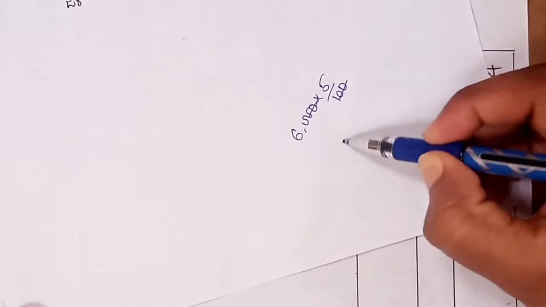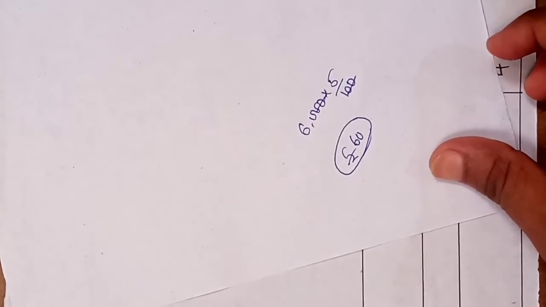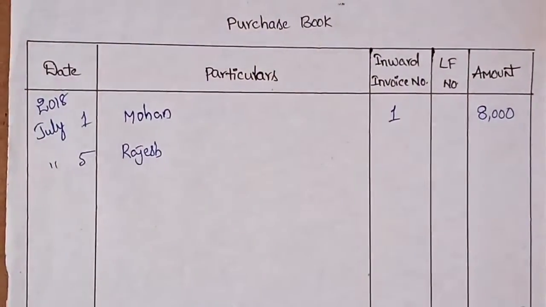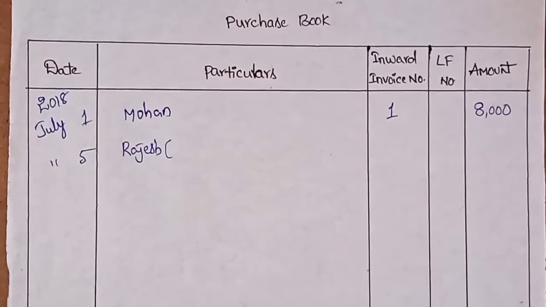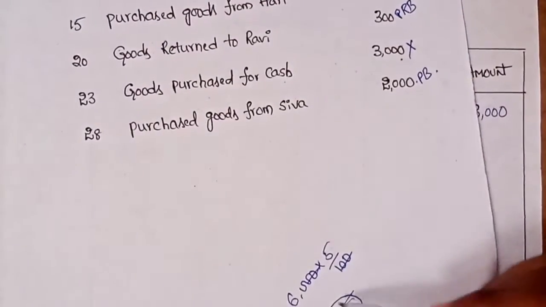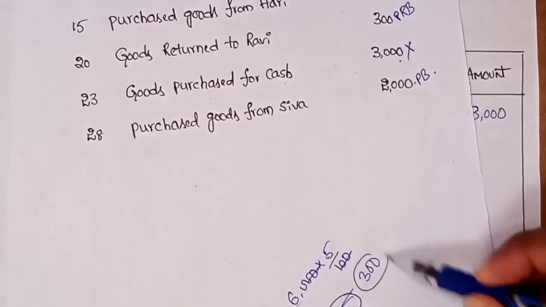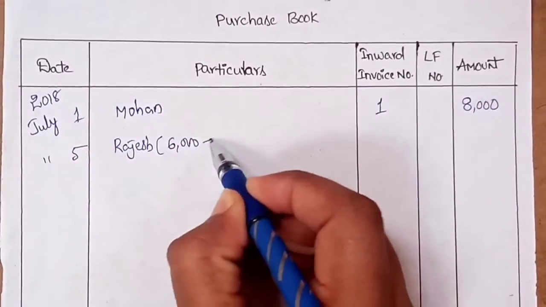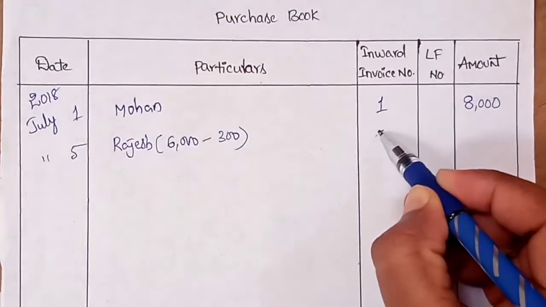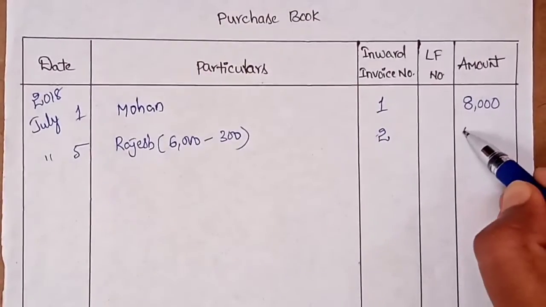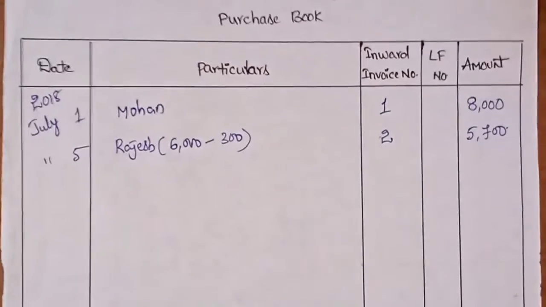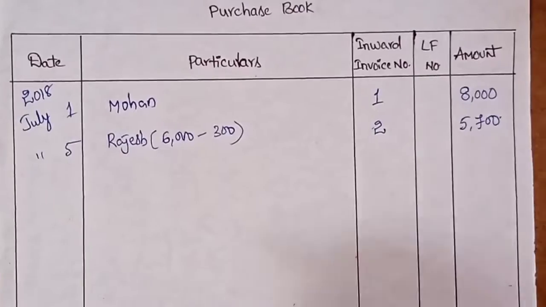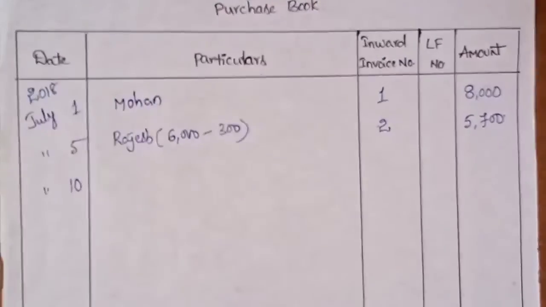Two zeros cancel. 60 into 5, 300 rupees is the trade discount. So we should deduct 300 rupees from the purchase price. That's why 6,000 minus 300, inward invoice number 2, and 5,700 is the amount.